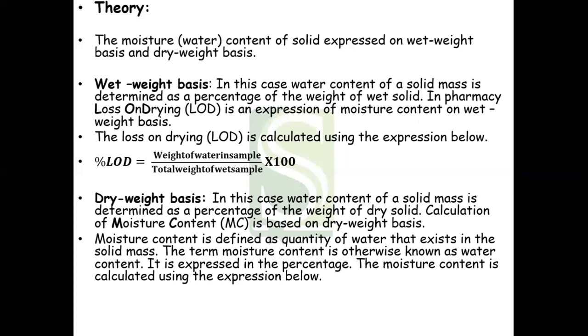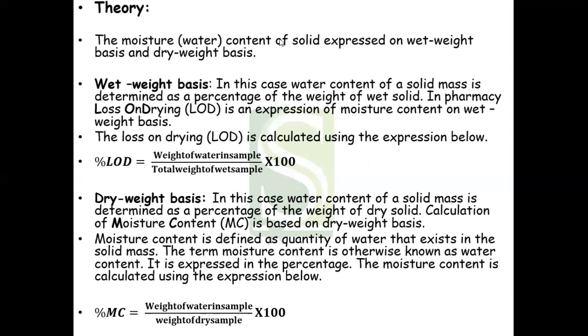The moisture content is calculated using the expression below. So this is the formula for moisture content. Percent moisture content can be calculated by dividing the weight of water in the sample by the weight of dry sample, times 100. Again, as it is a percentage, we multiply it by 100, right?